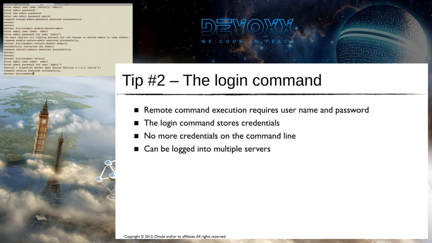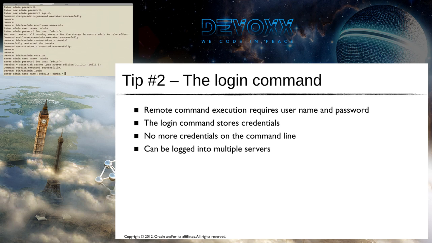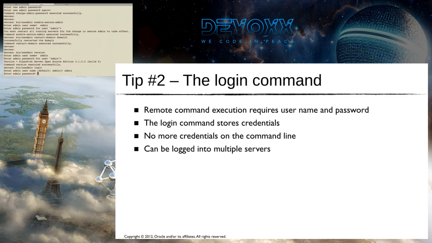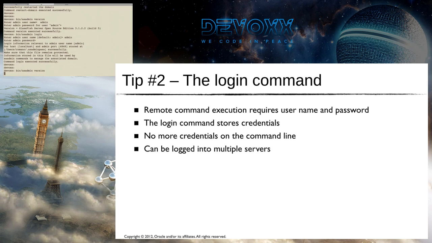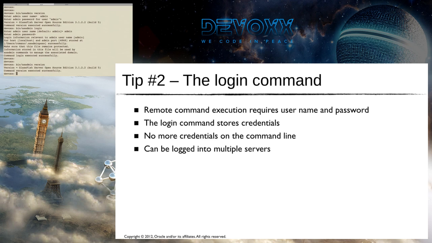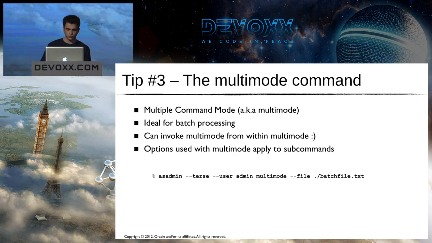So what you can do: asadmin login, username admin, password admin123. All right, and now if I try the same command, it works. You can do that with several DAS, multiple machines. It will store everything in an encrypted keystore in your home directory.